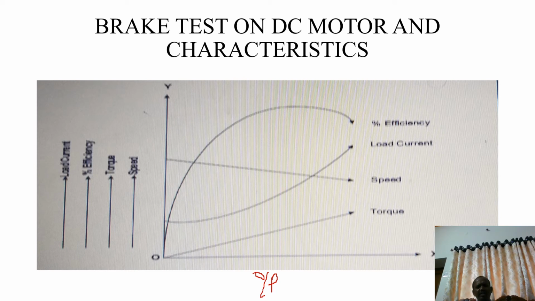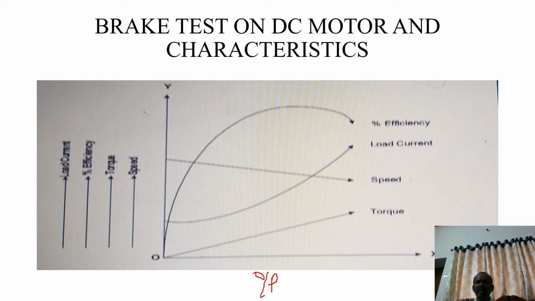In the second curve, you can see the load current. As already discussed, when we apply the load during the brake test on the DC motor, there is a change in load current and a change in speed.